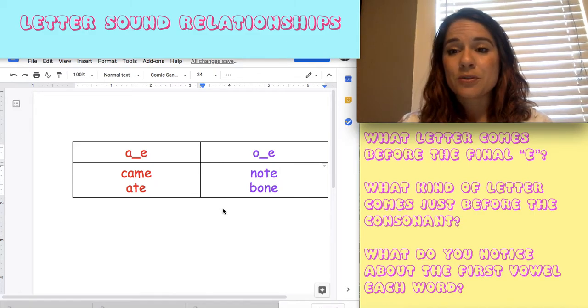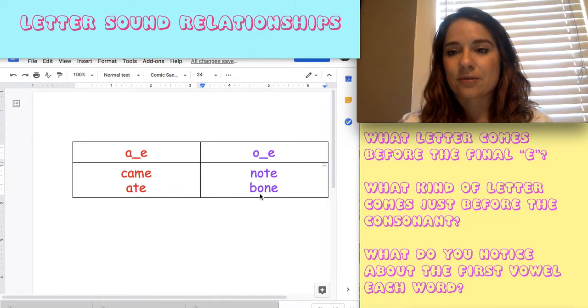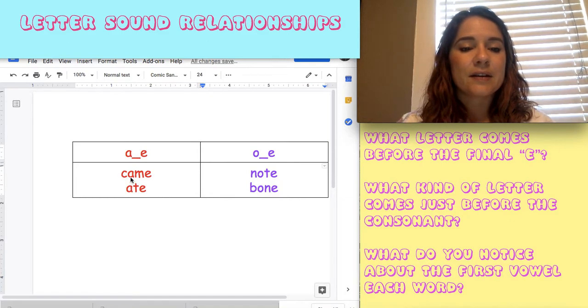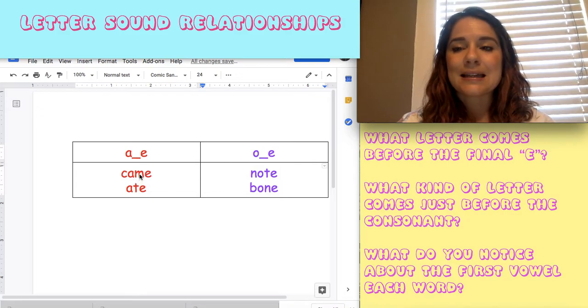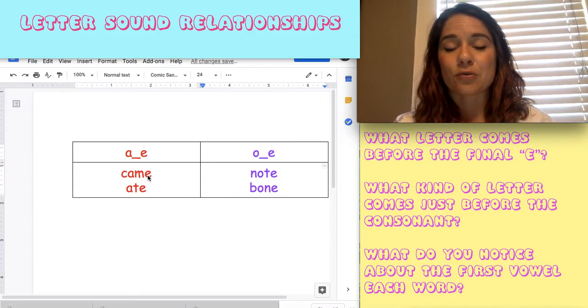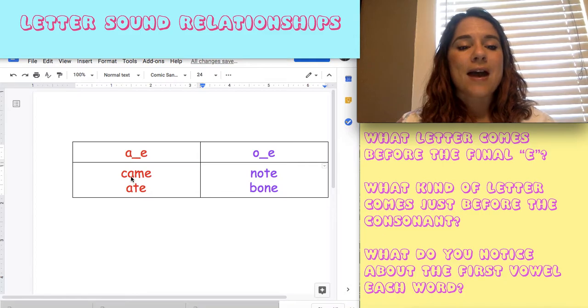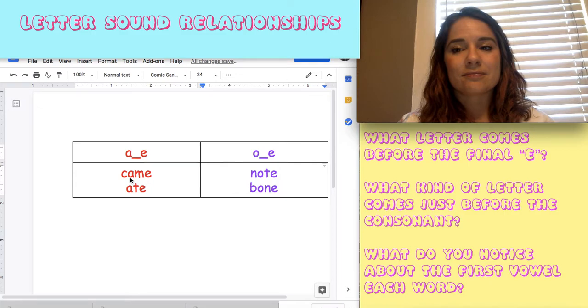Okay, so I hope you noticed that the first vowel is all a long vowel sound, okay? Whenever we have a vowel, a consonant, and then a final E, which teachers like to call the silent E because it's easy to remember the rule that way, oftentimes this first vowel is going to be a long vowel, okay?